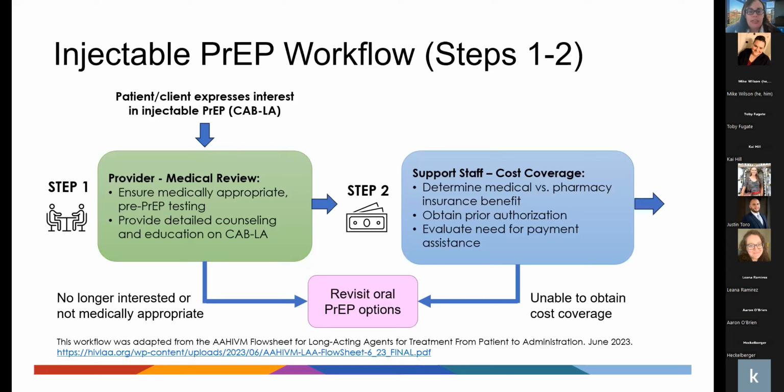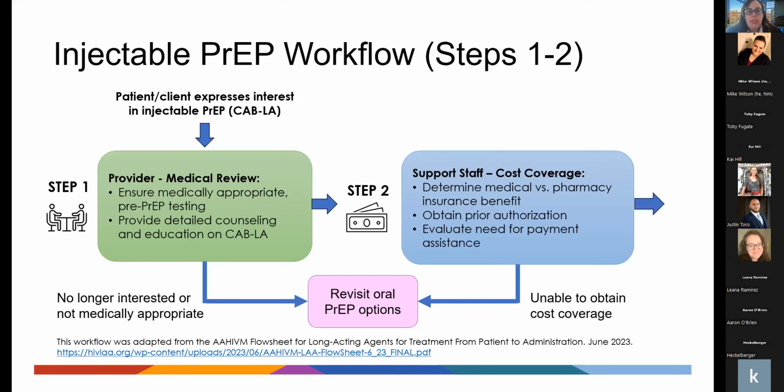These are items that are not terribly specific, but can help you understand the various steps, so you can understand the various staffing needs and organization you might need to at least get a program sketched out and started. So first you see that a person expresses interest in injectable PrEP.